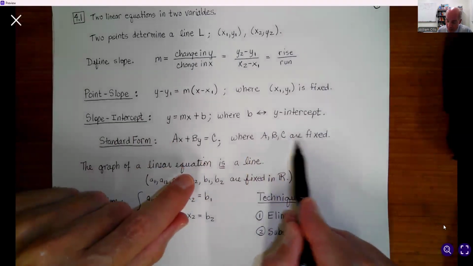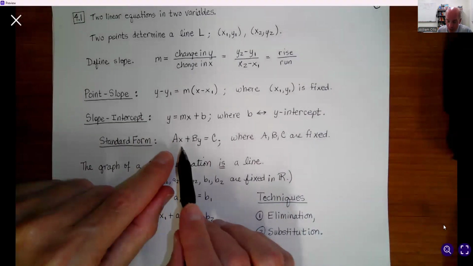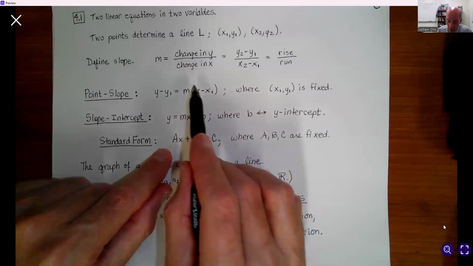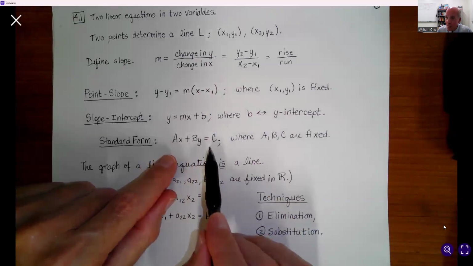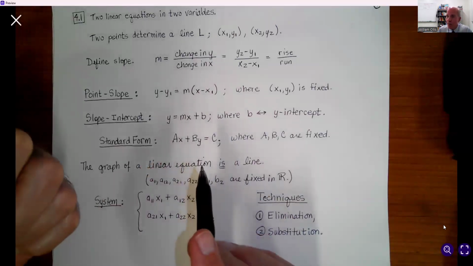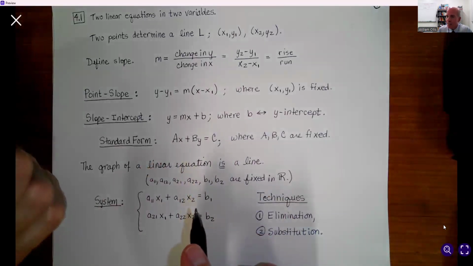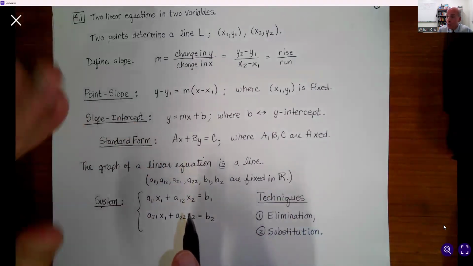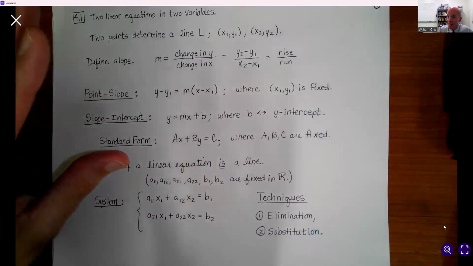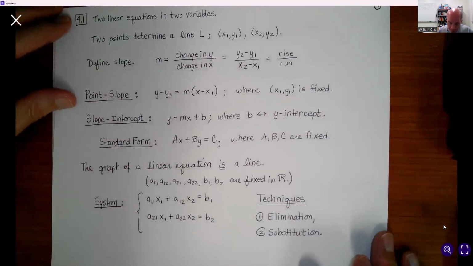So A, B, C are fixed. So we have a standard form that looks like this, which all of these are equivalent to. That is AX plus BY equals C. So when you see a system of equations that are linear, it doesn't necessarily mean that they have to all abide by this form, but you can certainly put the equations into this form.